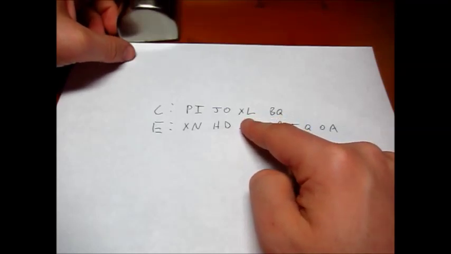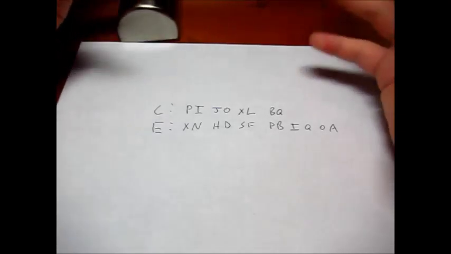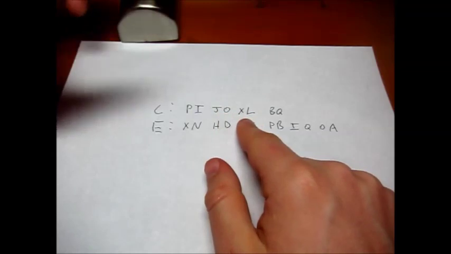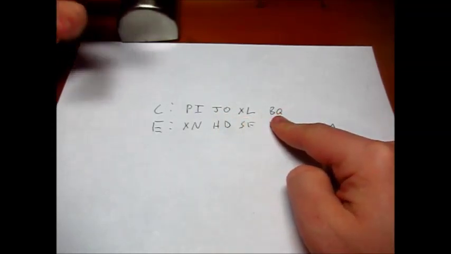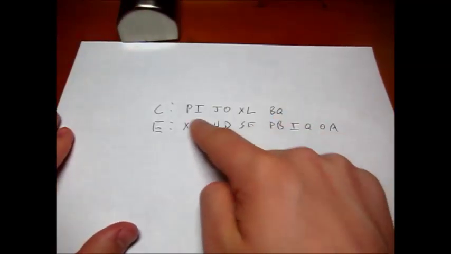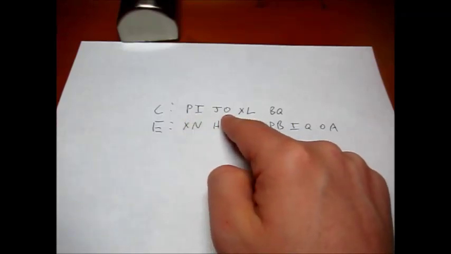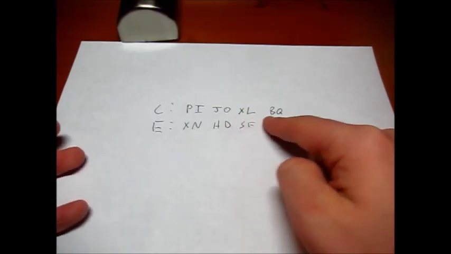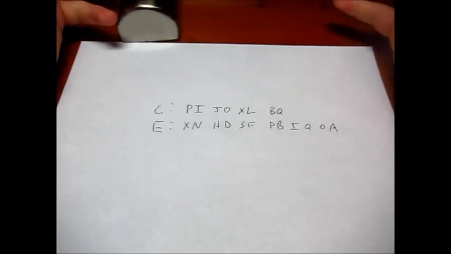My image for that is extra large, so I would just make something in the image extra large, most likely the thing that comes after that, so I'll wait until the thing after that, and there's BQ, which my image for that is the vegetable bok choy. So my memorization here would be, okay, I've got a pie that's being eaten by my friend Joe, and on the pie there is an extra large bok choy. So I'd imagine a very large green bok choy vegetable.